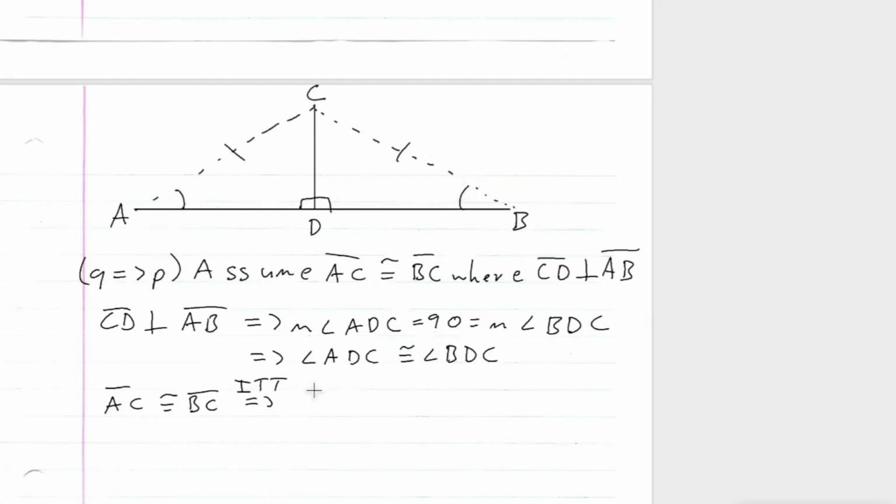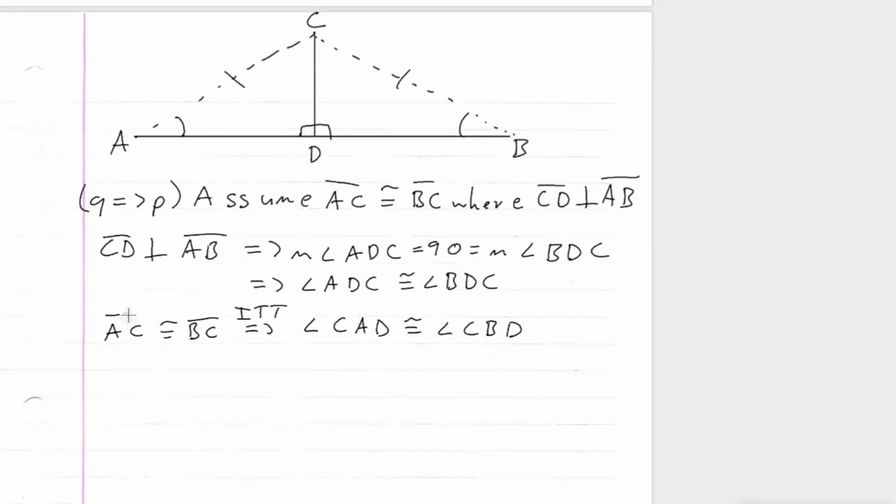So this implies that angle CAD is congruent to angle CBD. And hopefully you can see now, by angle side, right, triangle ACD is congruent to triangle BCD, right?